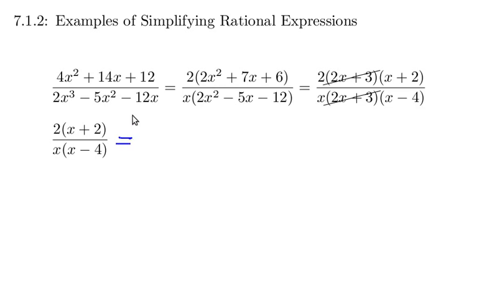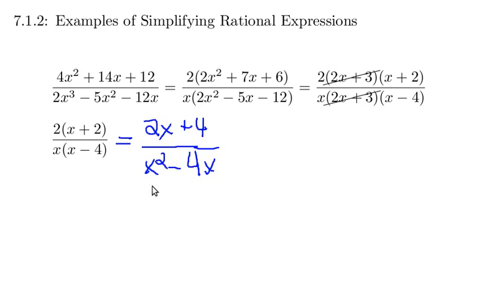If you wanted to, though, there's absolutely nothing wrong with that. 2x plus 4 over x squared minus 4x. Please do not think that you're going to be canceling these x's. It does not work. So just remember exactly what it means whenever you're canceling.